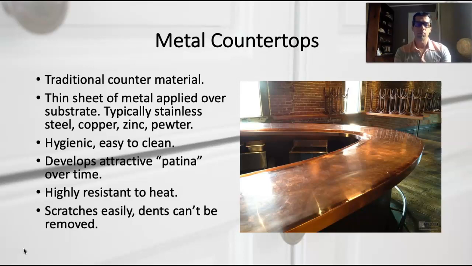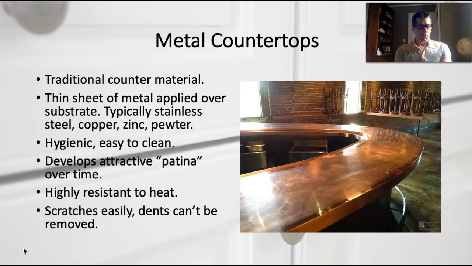One really nice thing about it is it's very easy to clean. Water doesn't penetrate it, food doesn't penetrate it. It's really easy to clean and scrub and wipe down. In the case of copper or zinc, it's actually hygienic. It's antimicrobial, so that can be kind of attractive also.